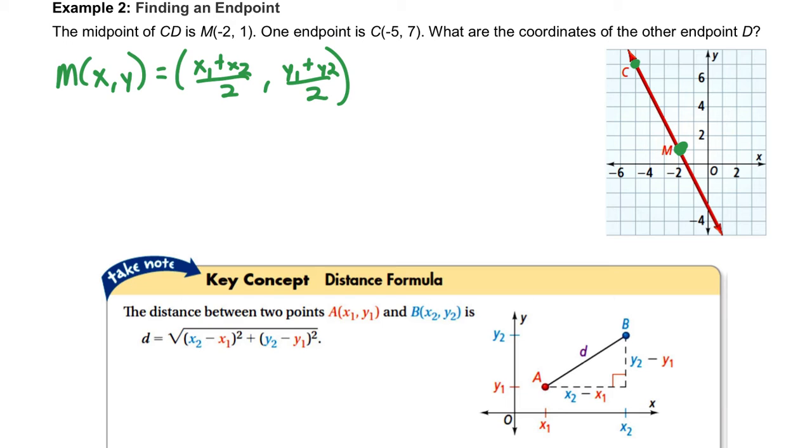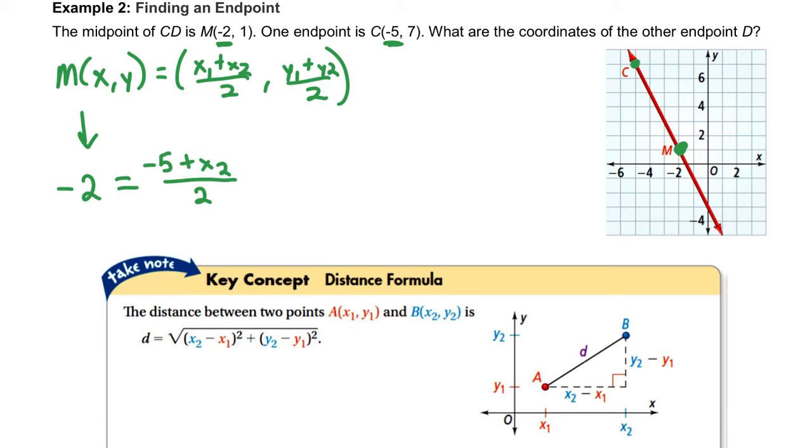So if I'm trying to find just the x value of the endpoint, and I'm given the midpoint, the x value of the midpoint is -2. So that's this part of the equation, all right? And then the x value of one of the endpoints is -5. So -5 plus, and I'm just going to use x2 just to have another point. So we know one of the endpoints, we don't know the other endpoint.